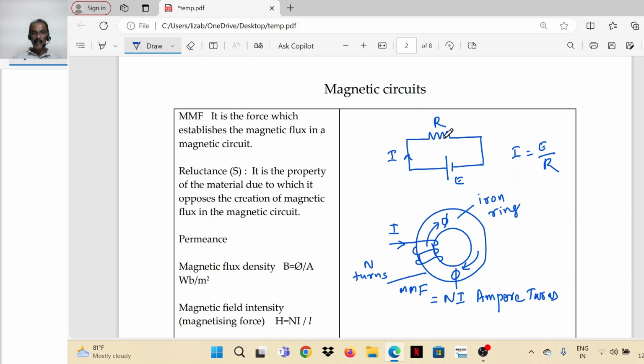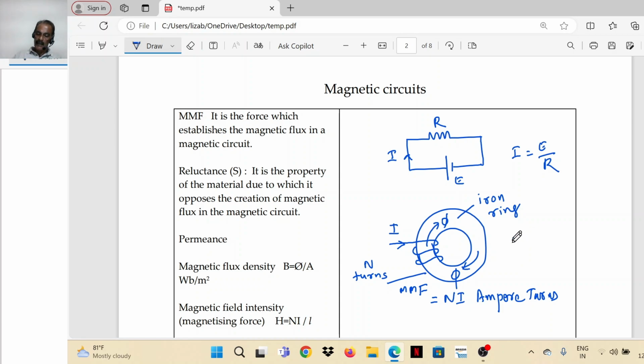Now in the electric circuit there is a resistance. So resistance opposes the flow of current through it, or it restricts the flow of current through it. Likewise, the iron ring has got a property called reluctance, by which it opposes the setting up of flux in the magnetic circuit.